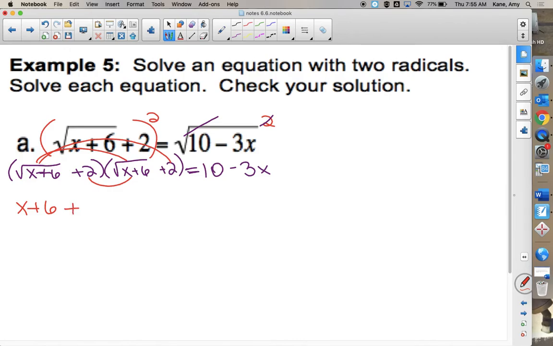The outer term is 2 times the square root of x plus 6. The inner term is 2 times the square root of x plus 6. So I really have that written twice. And then the last terms, 2 and 2, multiplied to be 4.